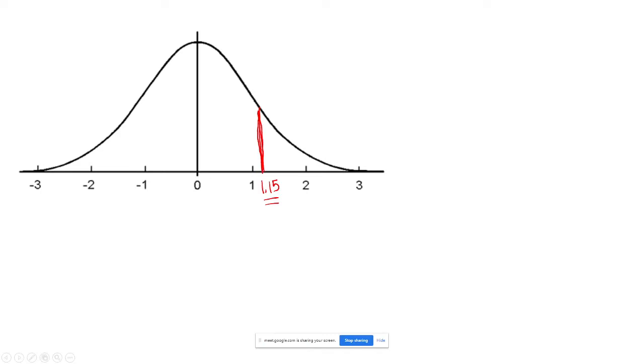Okay? Now, the question is, to the right of 1.15. So, where is the shaded region here? To the right of 1.15. Meaning, the shaded region is this part. Okay? That is the shaded region. Is this clear, Section Galileo? Okay, that's good.